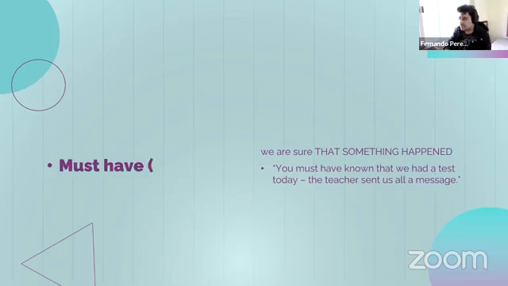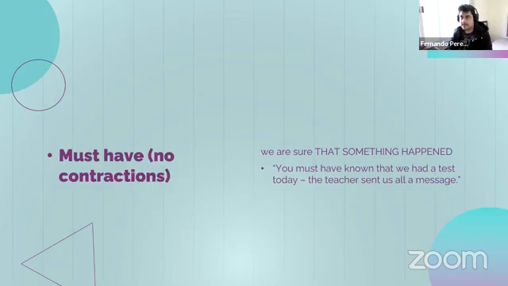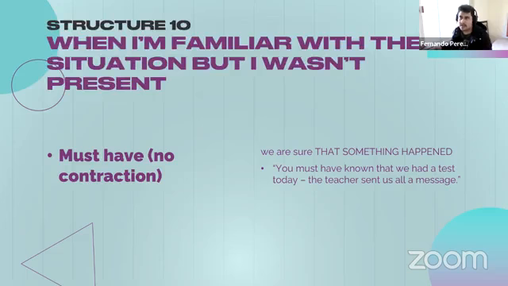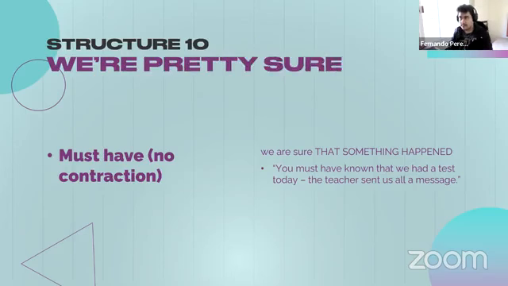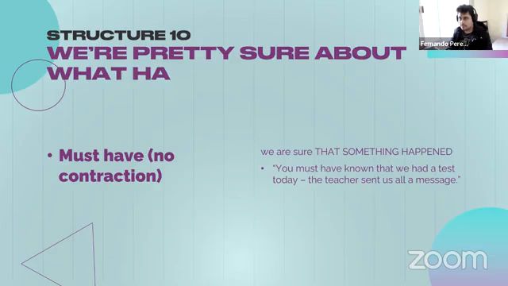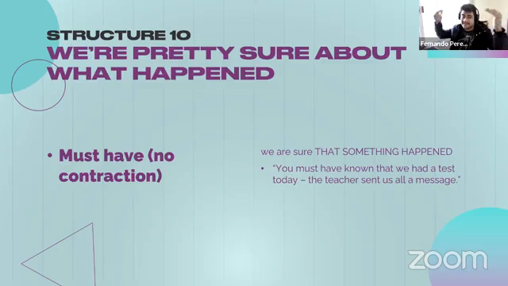Must have has no contraction, and we use it for stronger suppositions. We are pretty sure about something that happens. Still, you don't have the confirmation yet.